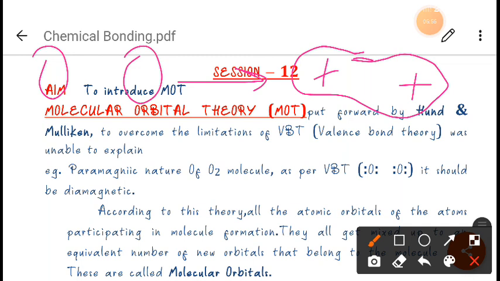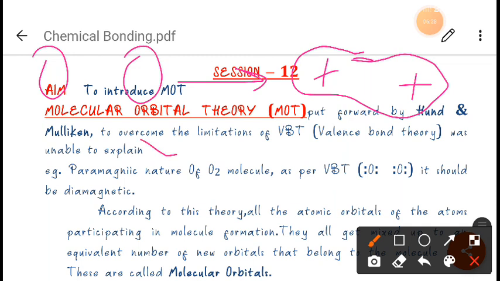Next, the molecular orbitals are polycentric, as I have already told you, and they surround the nuclei of the combining atoms. The electrons are considered to move over the whole nuclear system instead of moving around a particular nucleus. I hope you have understood this.